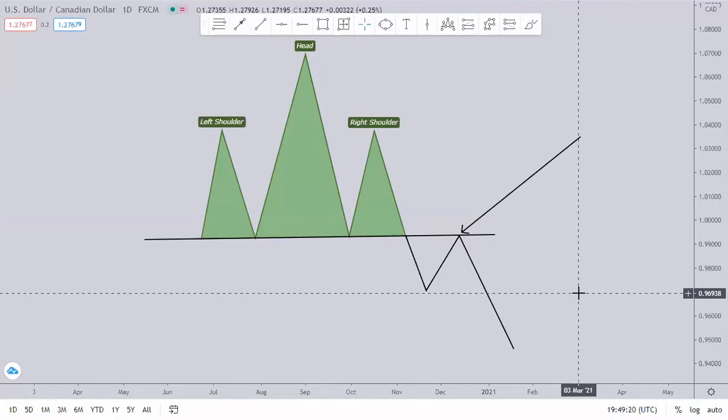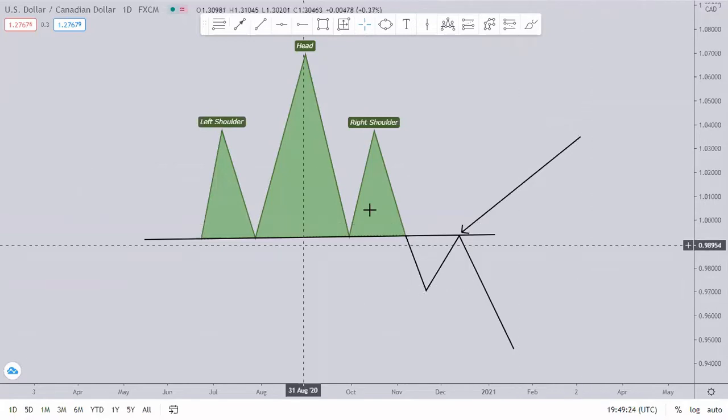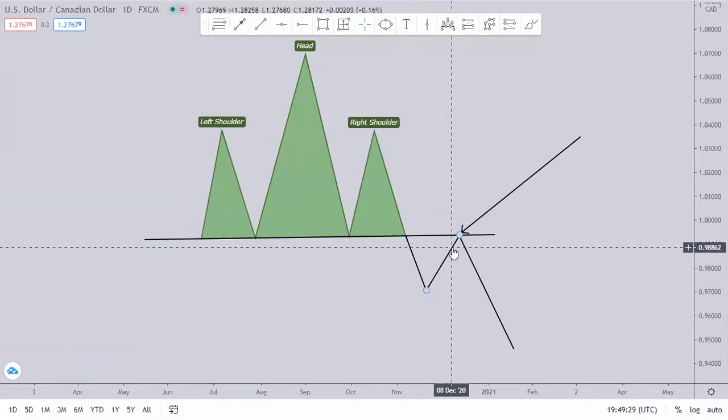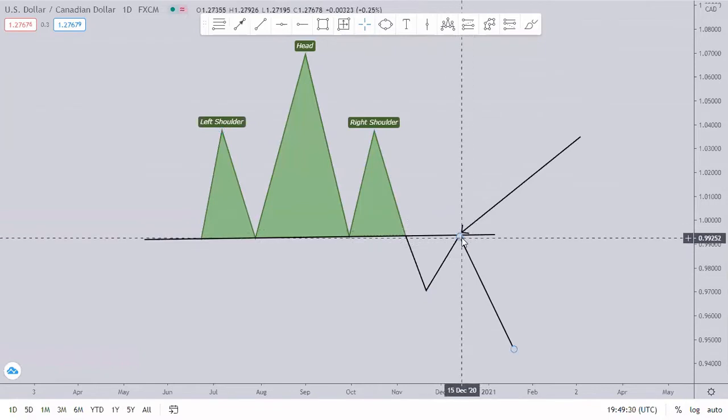That's what I refer to as retail metrics or retail logic. So they say that you must wait for the market to break the neckline, come back to test the neckline, then you sell from that level. Okay, that is the logic.